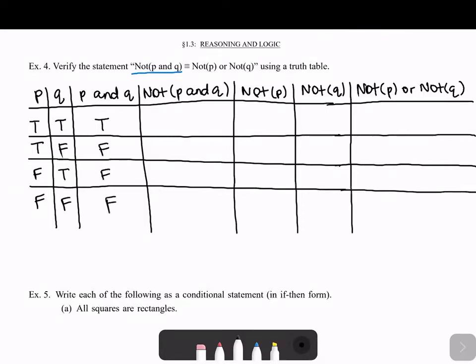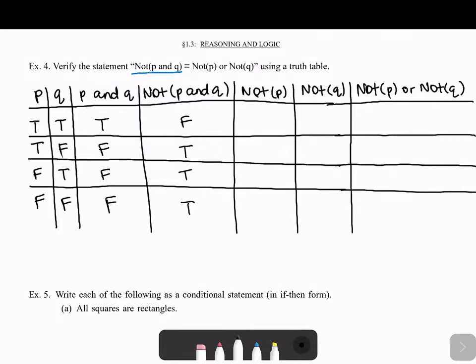Okay, and so then we have not (P and Q). Remember, to negate things, we just change every true to false and every false to true. So true goes to false, and all of these falses are going to go to trues. Now we have not P. This is where I said in the last video that it may be helpful to use your pen or pencil to cover up the rows that we don't need to look at.